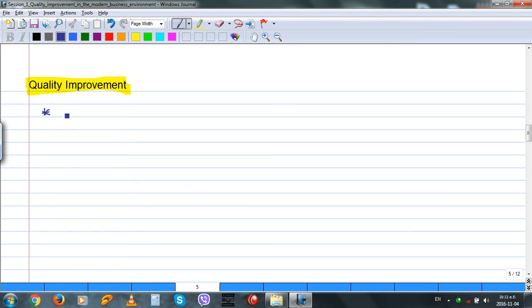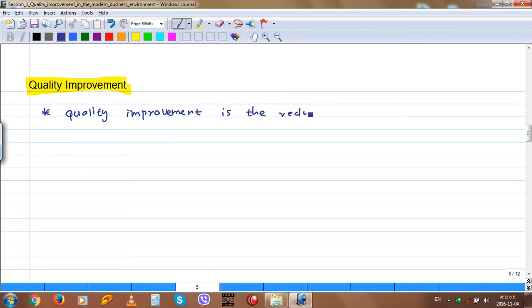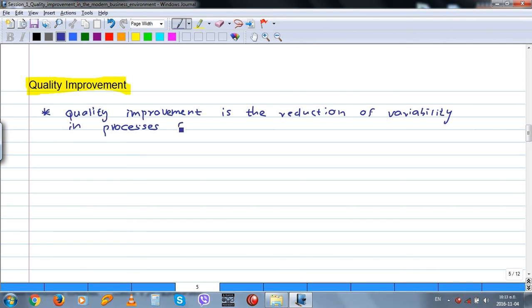So simply we can say that quality improvement is the reduction of variability in processes or products. That is quality improvement.